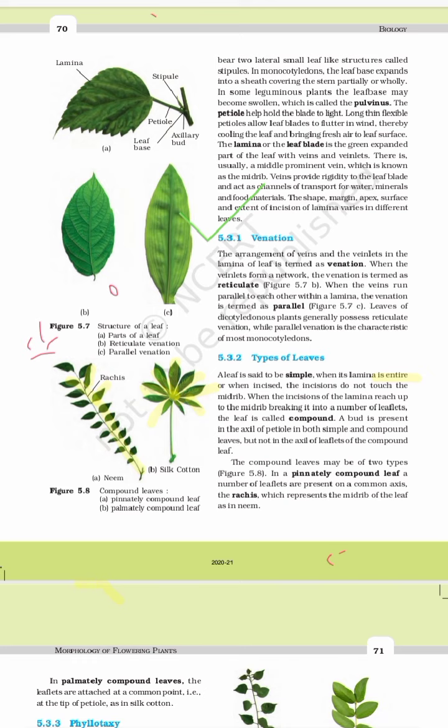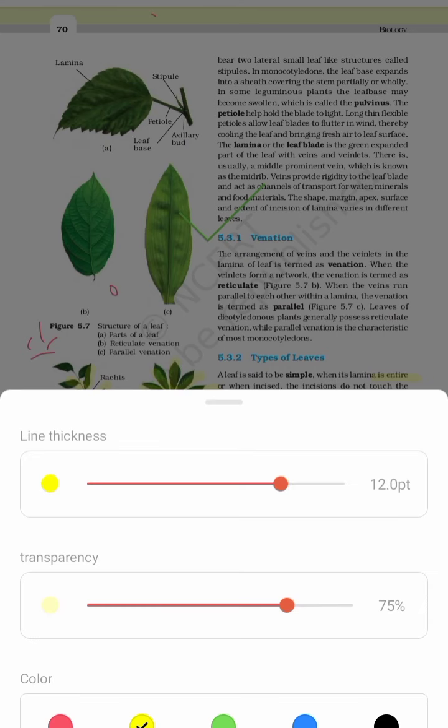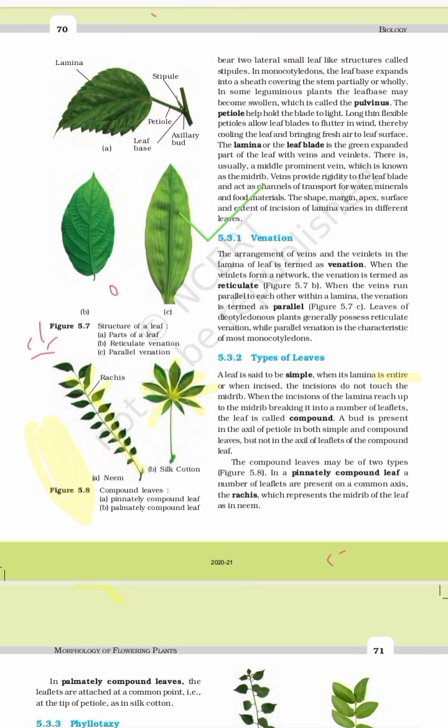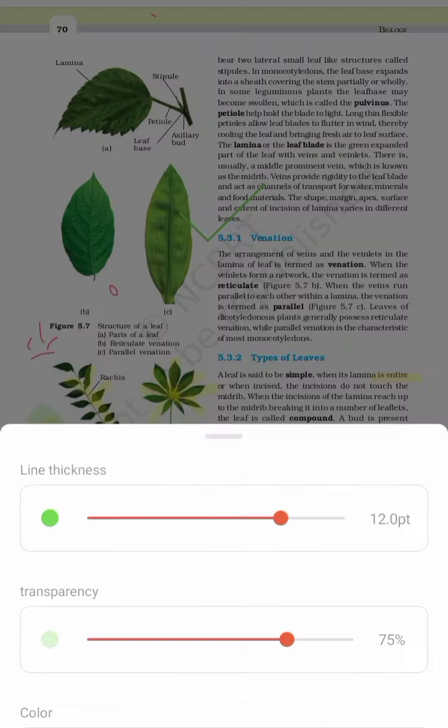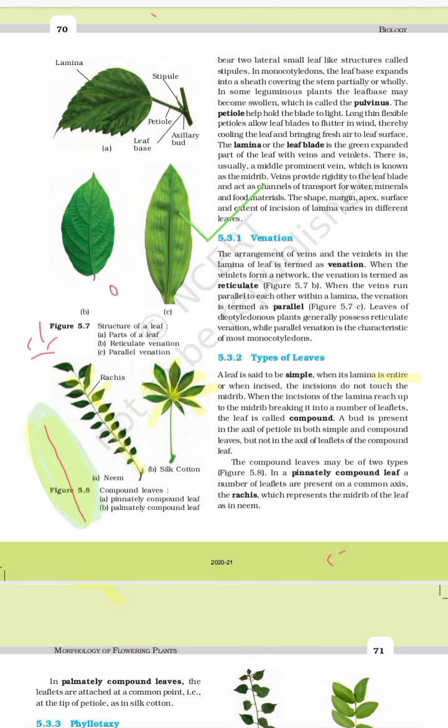It means actually it was a midrib only. For example, if this is a leaf, then in this leaf, this was a midrib.